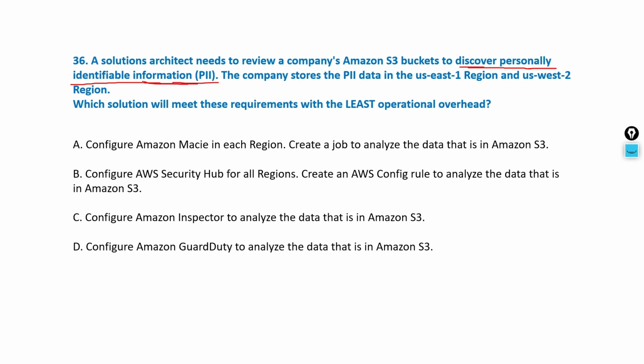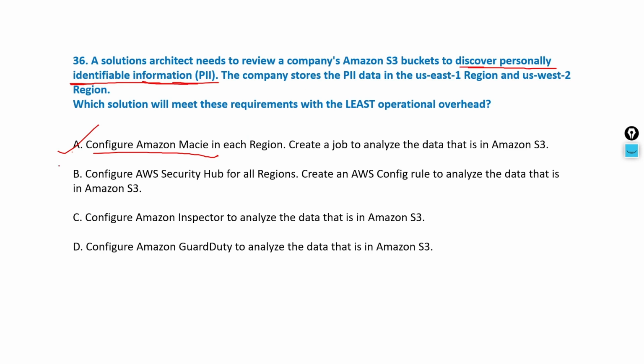We call it personal or sensitive information, and this is the only solution. Let me show you the options also. So here only Amazon Macie is going to help us. We don't need to check other options because only Macie is going to help us discover or monitor the PII information.